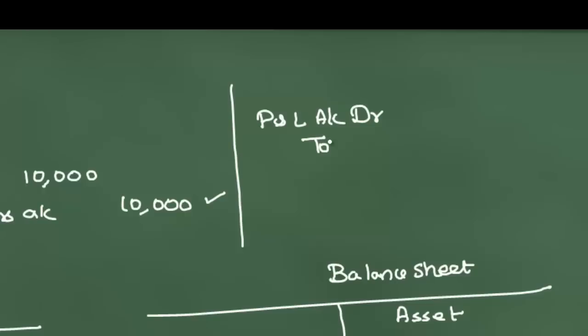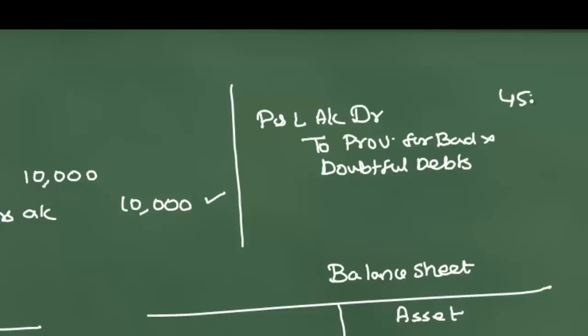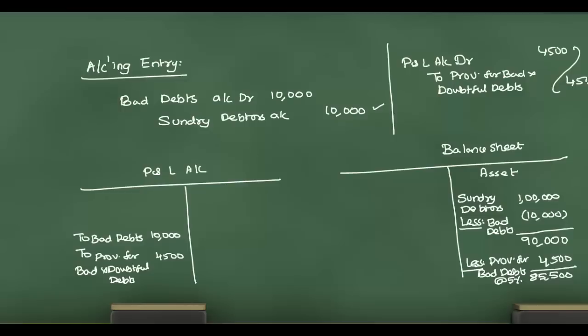So we have created a liability which is named provision for bad and doubtful debts. So we have P&L account debit, which is 4,500, and provision for bad and doubtful debts, which is 4,500. So this is going to be the accounting entry for provision for bad and doubtful debts.